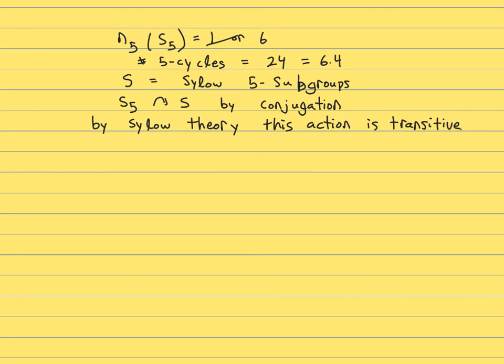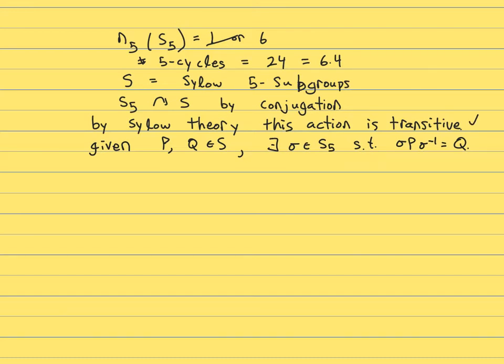One of the theorems is that any 2 Sylow 5 subgroups must be conjugate. Therefore, given any 2 elements in S, there must be a permutation such that when you conjugate one Sylow 5 subgroup by that permutation, you get the other. So congratulations, you must be able to get everywhere. That's going to pop up in a moment.